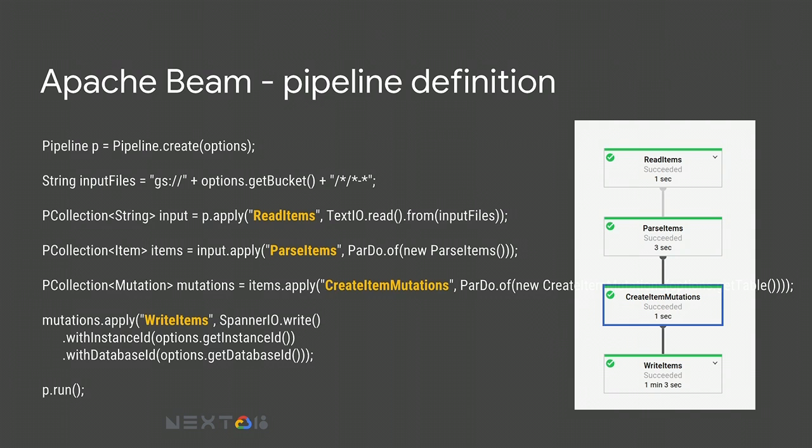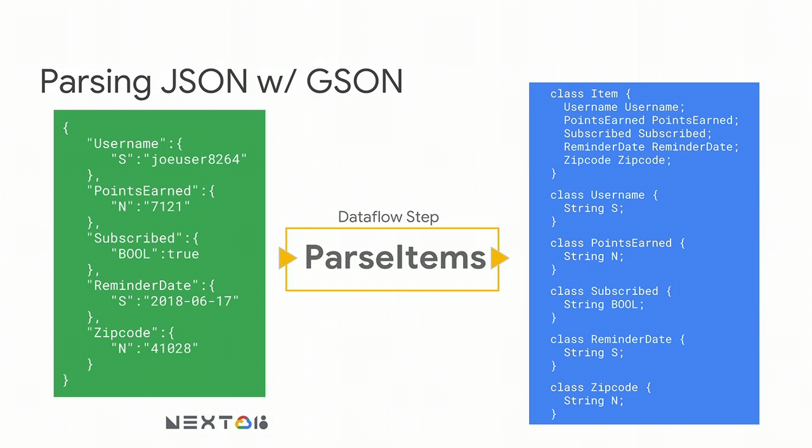Let's look at one of these, like parse items, which is basically how do I take the incoming JSON records that are coming from Dynamo and map them? What is that step that just said parse items in my Apache Beam pipeline? What that's doing is mapping it to a Java object in this case. And so you would have some code that says, map JSON with JSON, and now I've got an object representation of each record that's coming through.